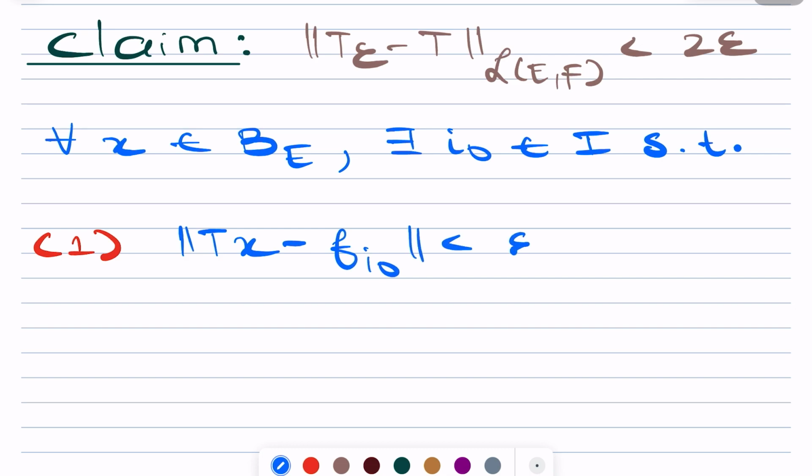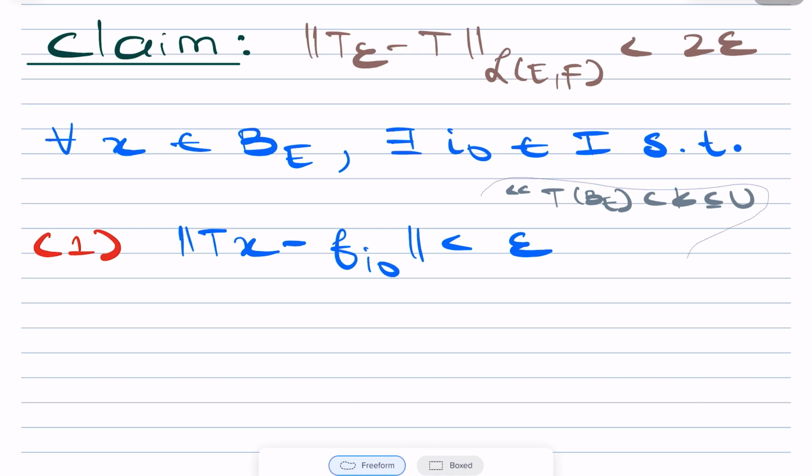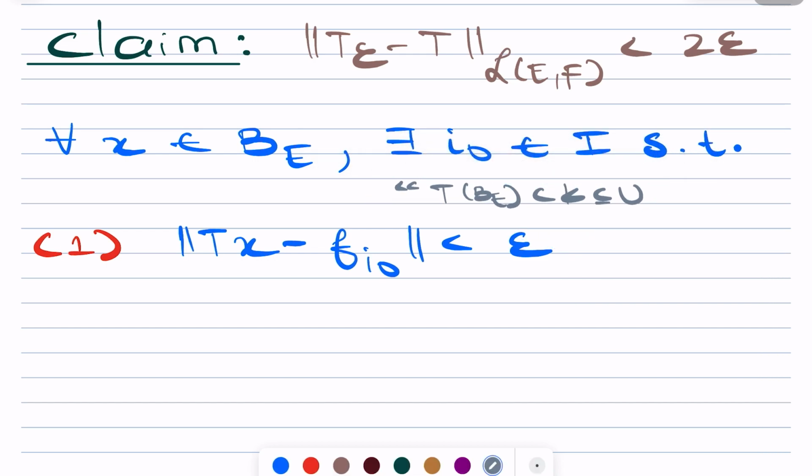This is true because Tx is contained in the closure of TB, which is K, and K is contained in the union of the balls centered at Fi with radius epsilon.